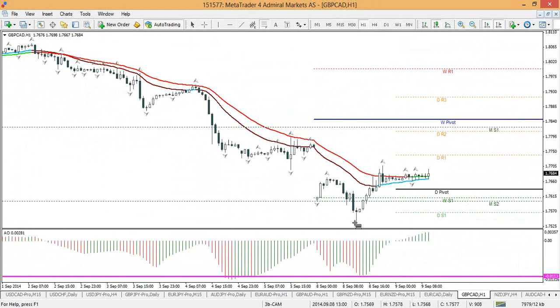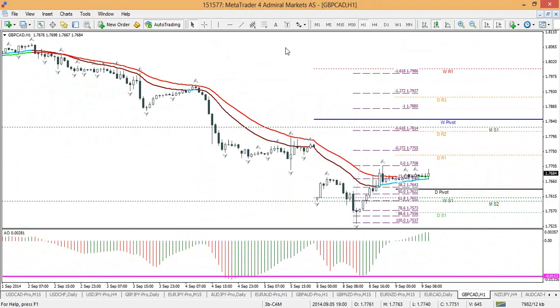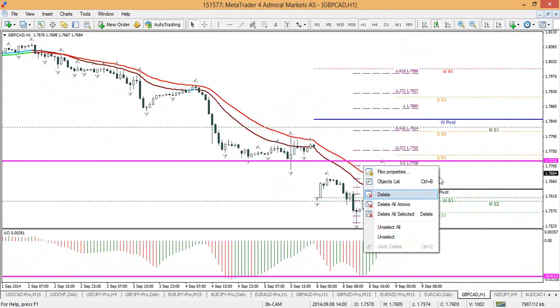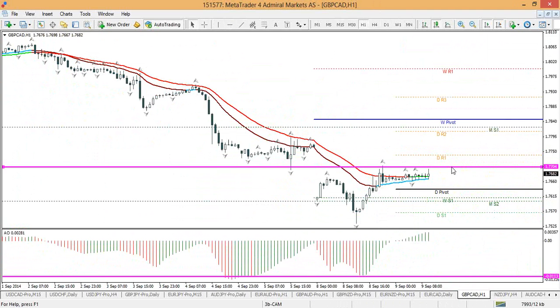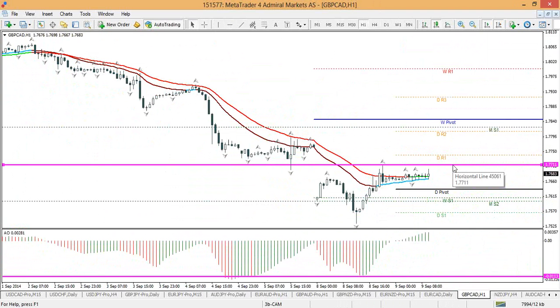So I'm not particularly a fan of using this top as a stop loss placement at the moment. Unless it gets rejected again, unless it makes a double top and gets rejected again and breaks maybe below the daily pivot point, then I wouldn't mind using this level as a stop loss. For the moment, it seems to be a risky point to put the stop loss there.